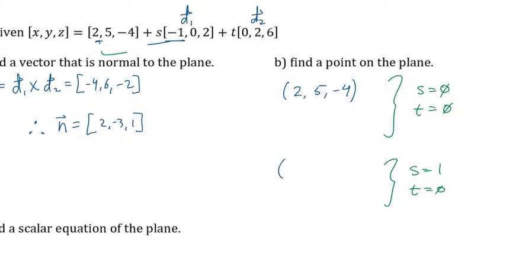And then negative 4 plus 1 times 2, so that's negative 2 plus 0, so negative 2. So that would be another point on the plane. So you can come up with infinite points using vector form by using those parameters; the whole point is you set what they are. You say what you want S and T to be. Does that make sense? I hope so. That's an important idea.